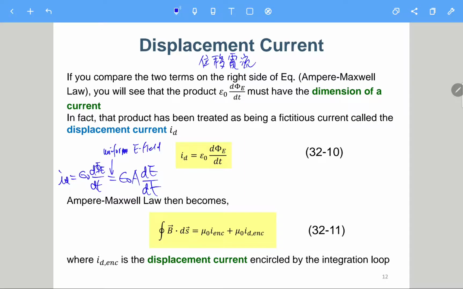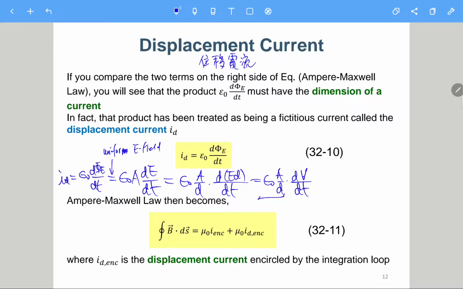Okay, so next we have epsilon naught A over d times d(Ed)/dt. If you still remember, E times d is V, so we have epsilon naught A over d, and then times dV/dt.